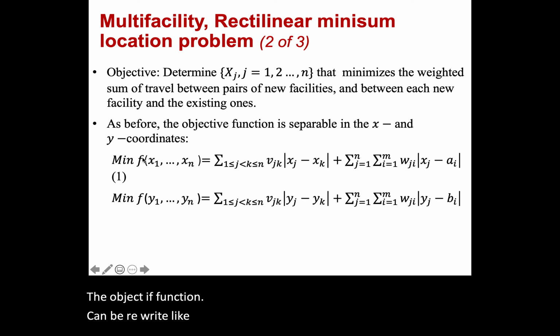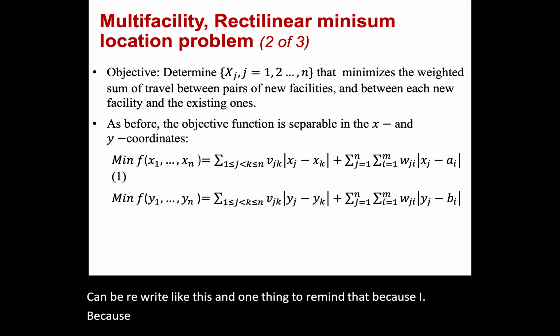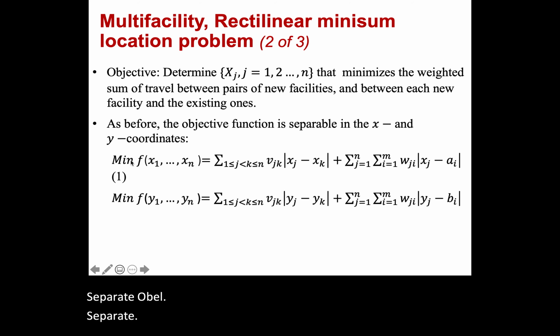And one thing to remind is that because the optimum of x and y can be found separately and independently, we can divide it into two objective functions like this.